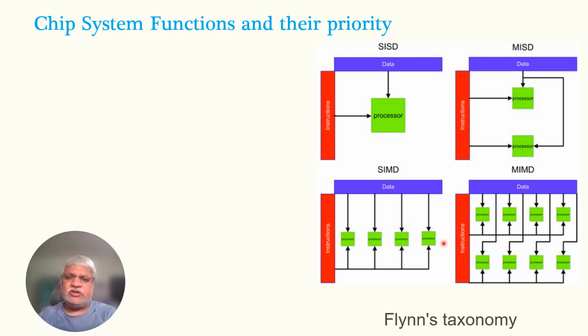This will generally be done in a GPU kind of architecture, more like vector processing. Multiple data is loaded into the processors, and then the same instruction will be executed.